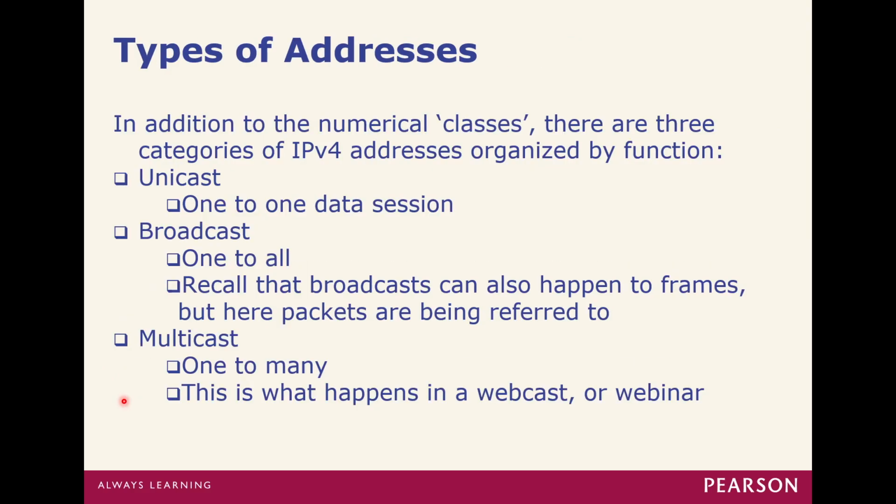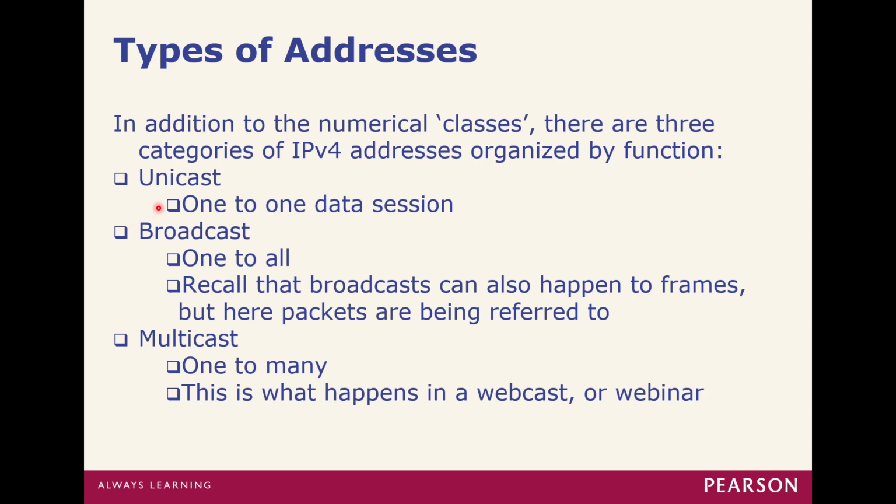So here we have the types of addresses. We have addresses to identify three categories: unicast, broadcast, and multicast. That's why I told you the last number of the IP address that you have is usually used for broadcast.